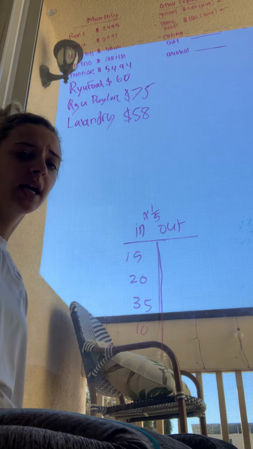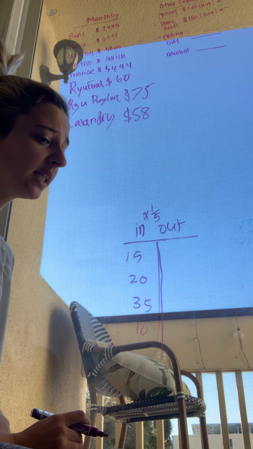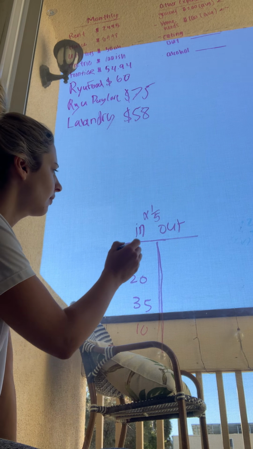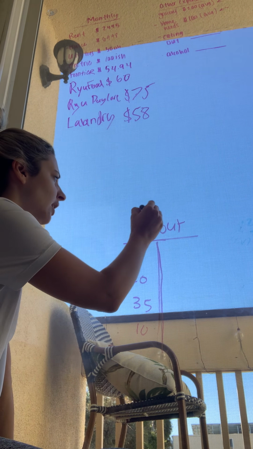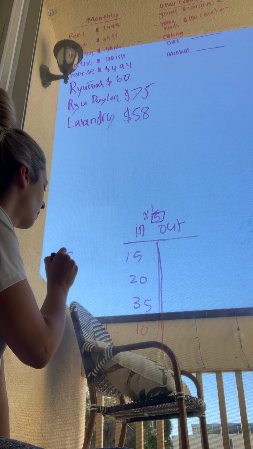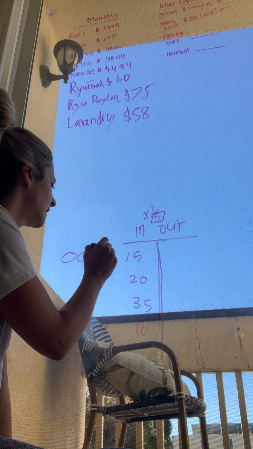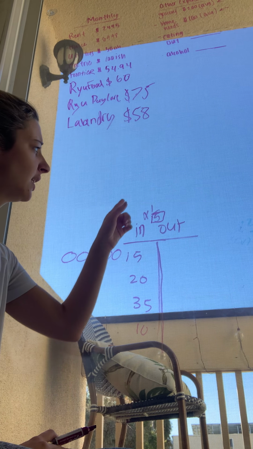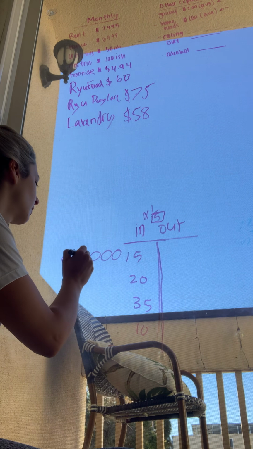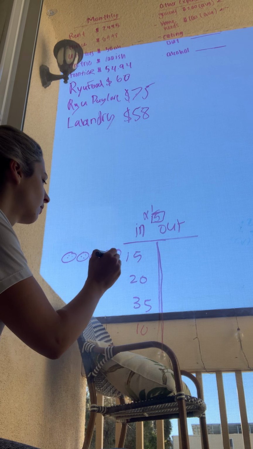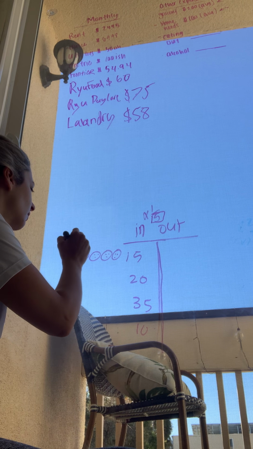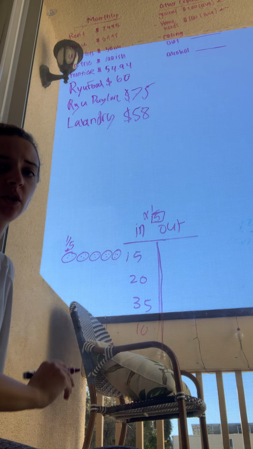Now, basically what this means is if you had 15 and you were finding 1/5, my denominator is 5, so I would say what's in each group of 5? And we know 15 divided by 5 is 3. So that's 3. 1/5 of 15 is 3.